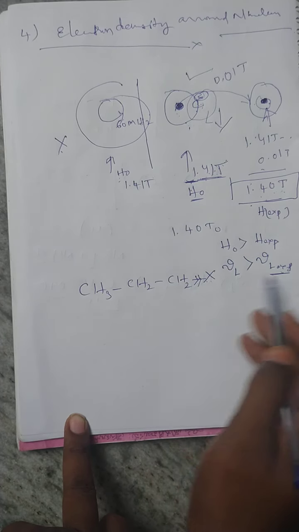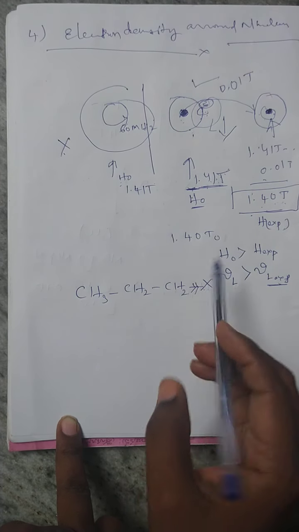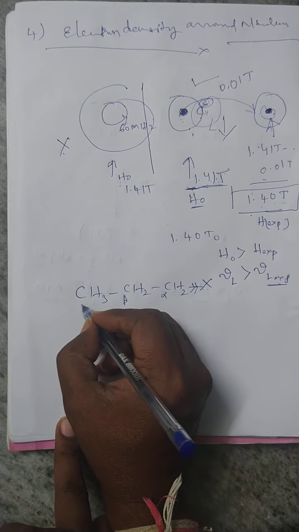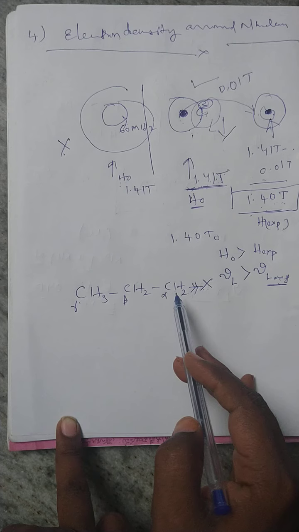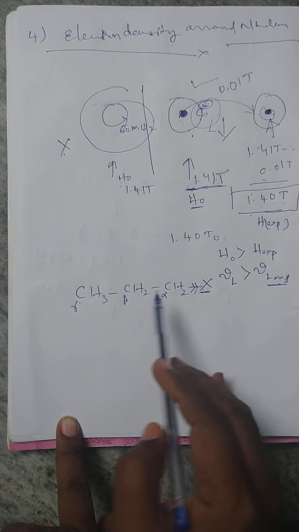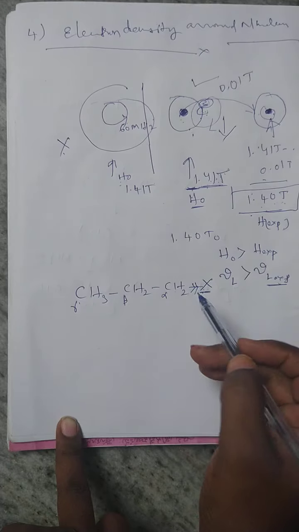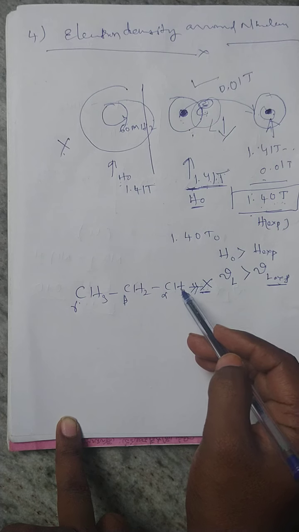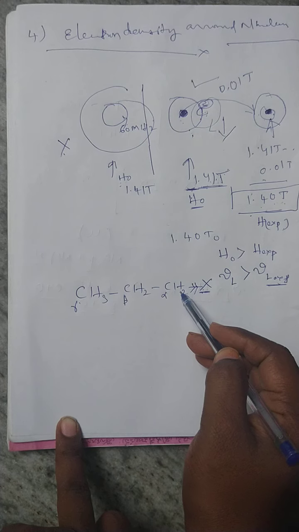So here let us discuss the electron cloud or electron density around these protons on the alpha, beta and gamma carbons. As the alpha carbon protons are very near to this highly electronegative atom, due to high electronegativity it will pull the electron density towards itself, and so this proton will experience more external magnetic field, right?